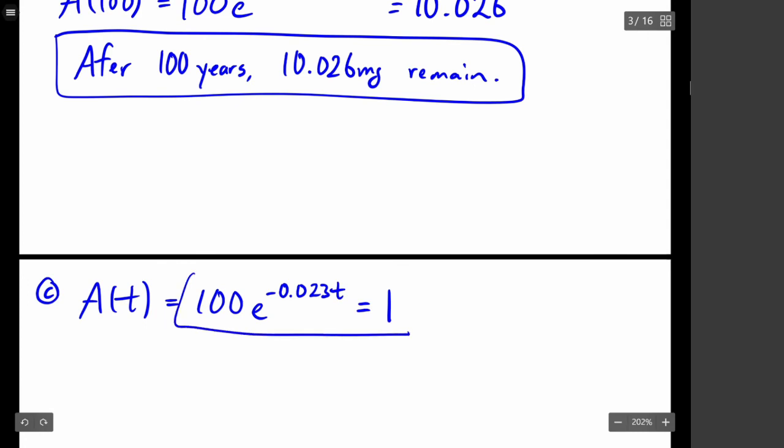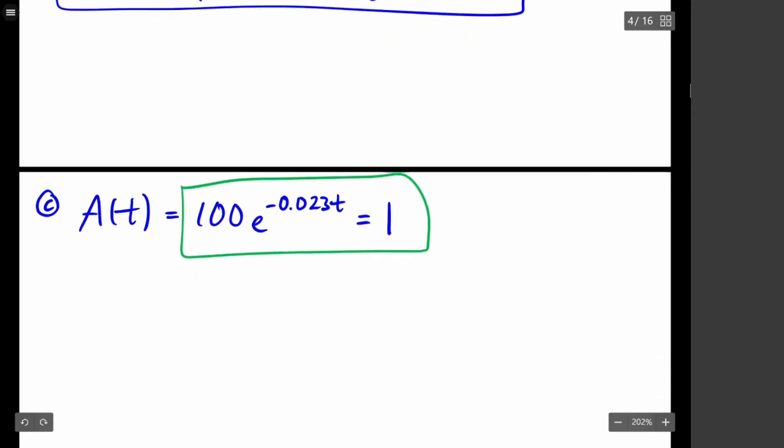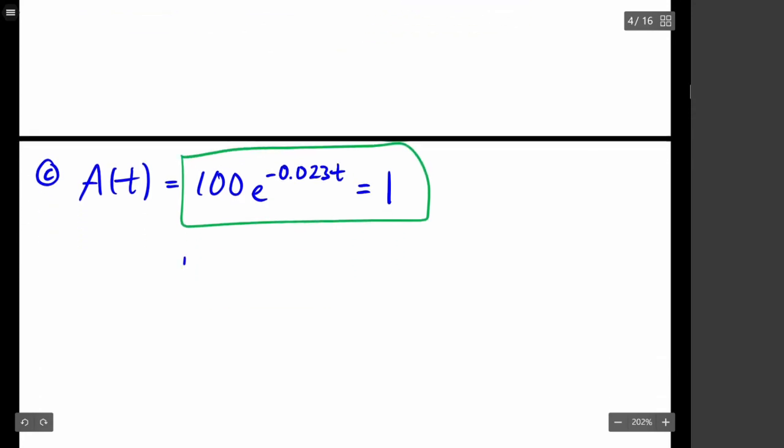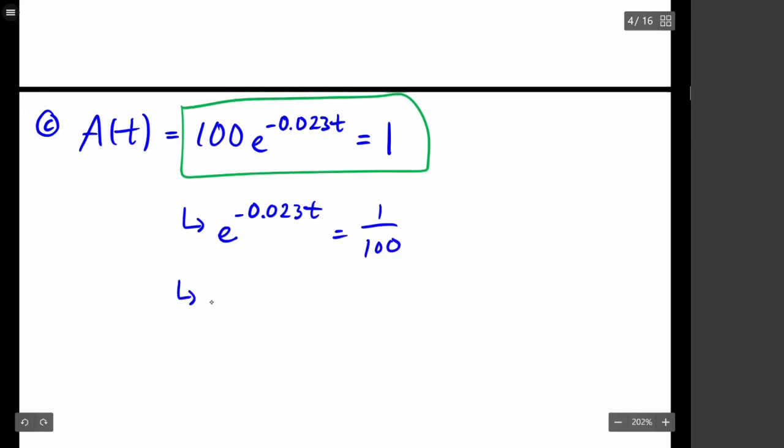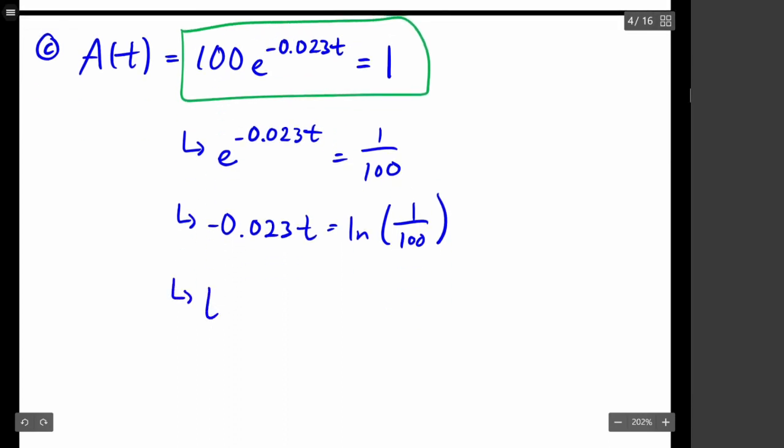And now we want to solve this equation for t. Again, start out by dividing both sides by 100. And then we take ln of both sides so that the e's cancel over here. And then solve for t. We have ln of 1 over 100 divided by negative 0.023.